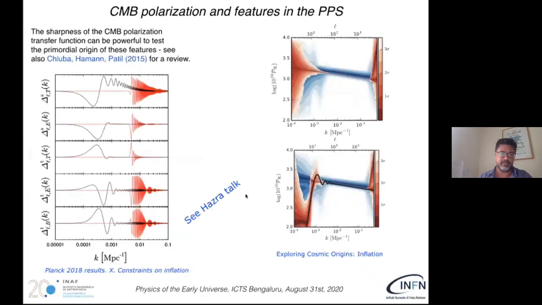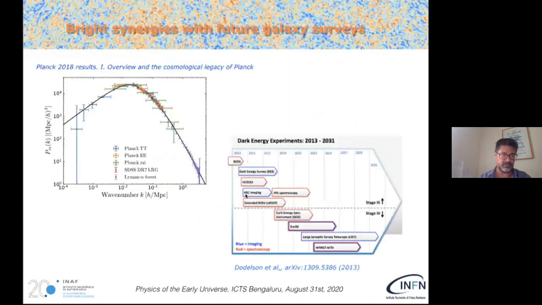Okay, let me leave to explain how this noise sensitivity of future experiments can be important also for the E-modes and in particular for features. Let me describe instead another aspect: how the stage 4 galaxy surveys in operation or preparation, whose main scientific driver was actually dark energy and dark matter, could also contribute to improve the current inflation constraints based on Planck.